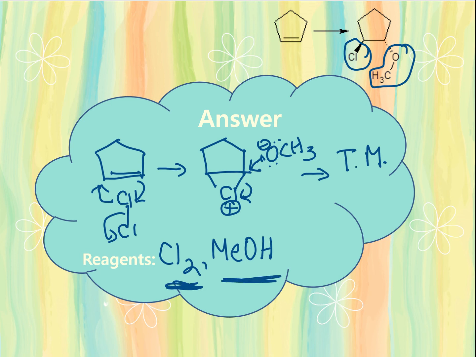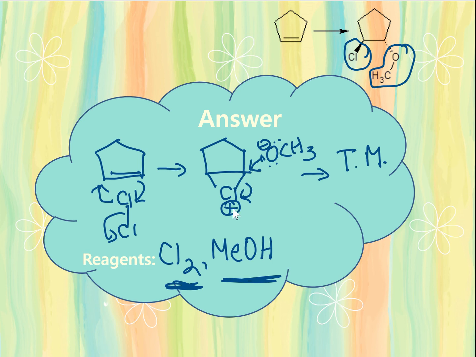So it's an alcohol or water, remember that, and we add to our alkene. We're already familiar with this reaction, where our alkene is being nucleophilic, and clearly our chlorine-chlorine bond is polarized by association with the alkene.